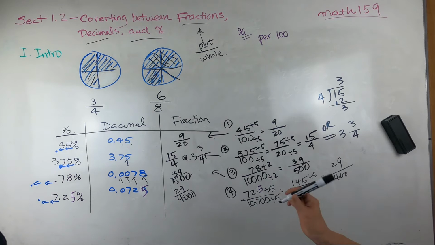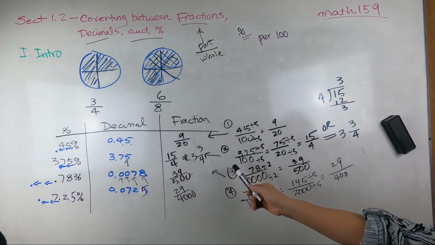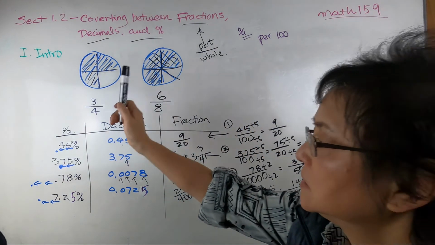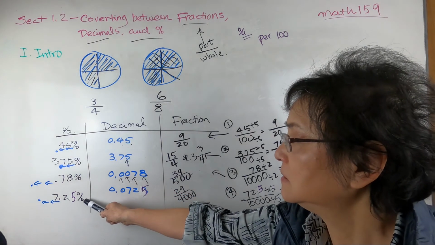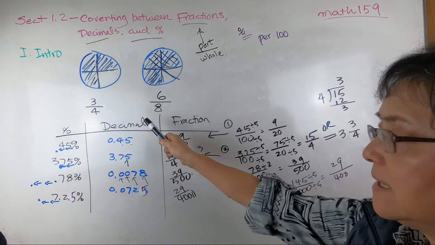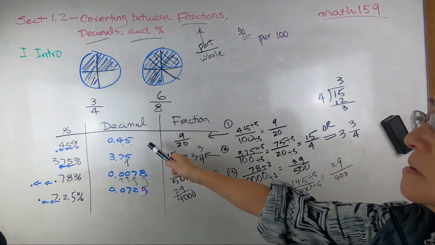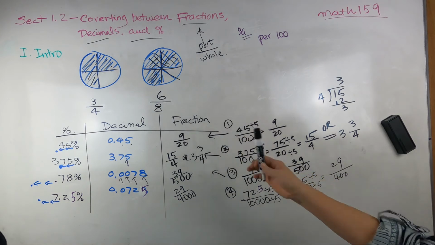Okay, we can change from decimal to fractions. We can also go from percentage to fraction. Got it? Okay. So if the percentage is given, then you will convert them to the decimal, then to the fraction.